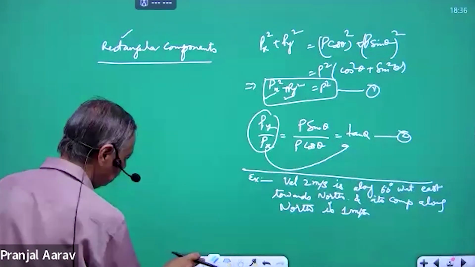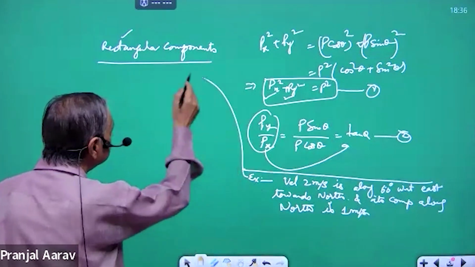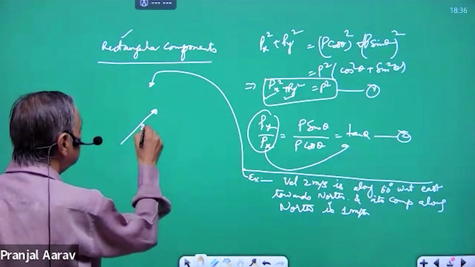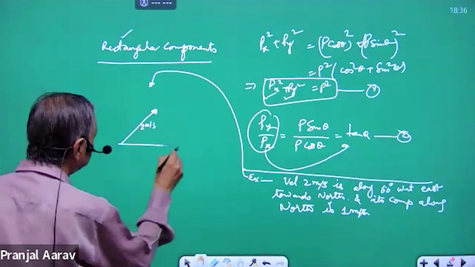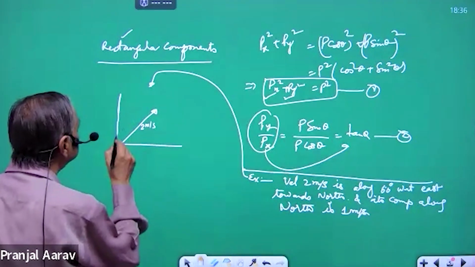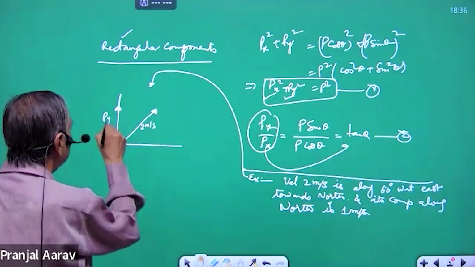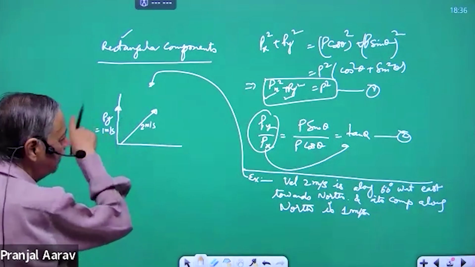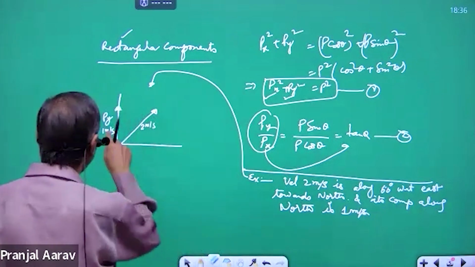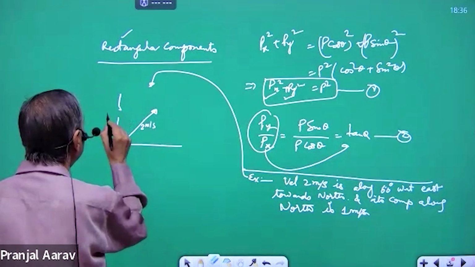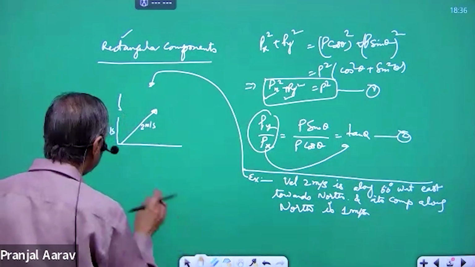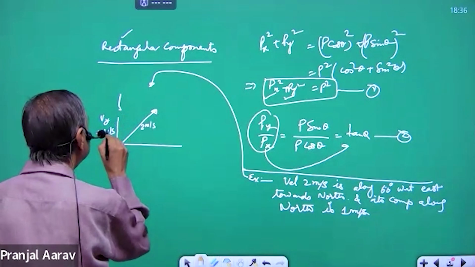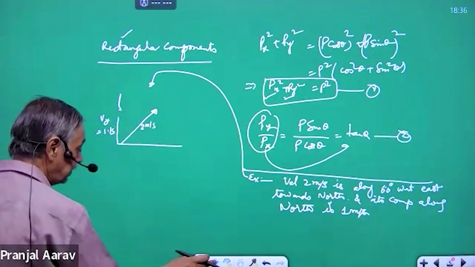Come to this question. Two meter per second. Vy is equal to 1 meter per second. You can call it Vy or By, doesn't matter. I can give a name. Vy is 1 meter per second.